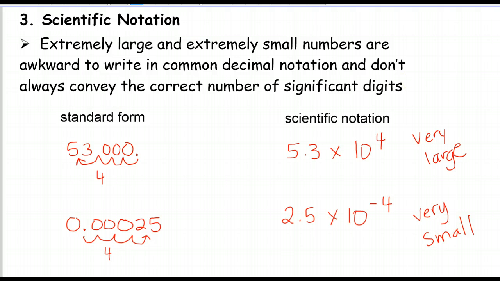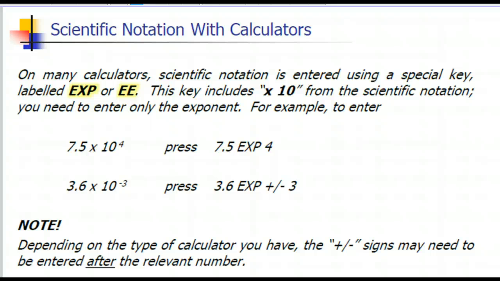whether your exponent will be positive or negative. Okay, and just a final note about using scientific notation with your calculators. This is something you may or may not be familiar with, but you will definitely need a scientific calculator for this course. All scientific calculators have a button called an exponent button. It might look a little different on each calculator, but the two most common are EXP or EE.